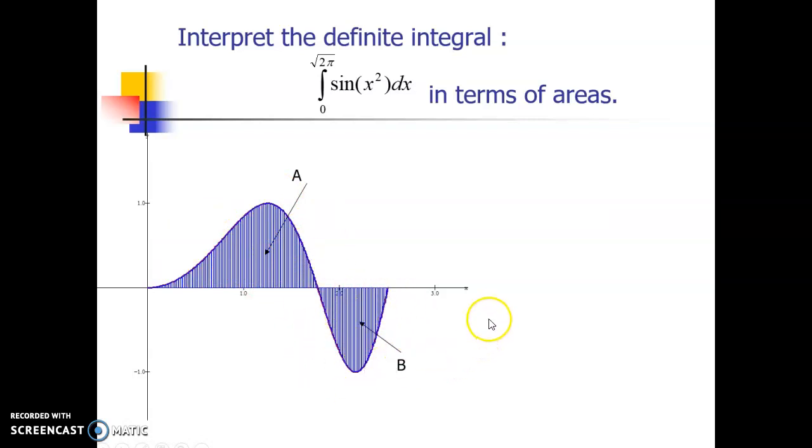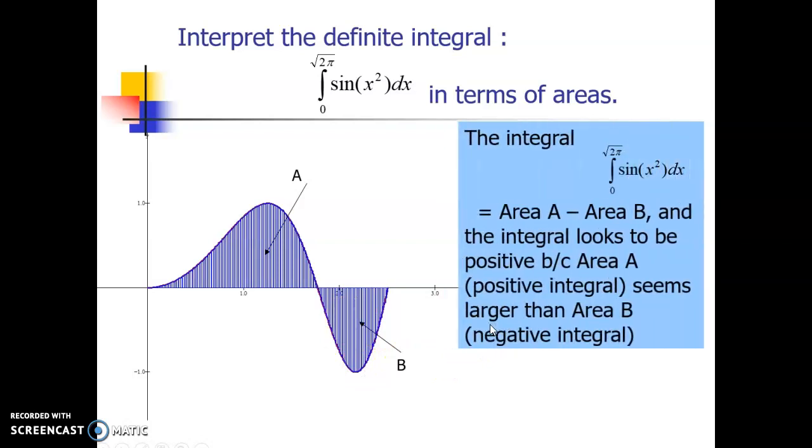So if we were just going to interpret in terms of area, we would say the integral from 0 to radical 2 pi of sine of x squared dx is going to be area A minus area B. And the integral looks to be positive from 0 to the very end over here at radical 2 pi, because area A, which is the positive integral, seems much larger than area B, which is the negative integral.